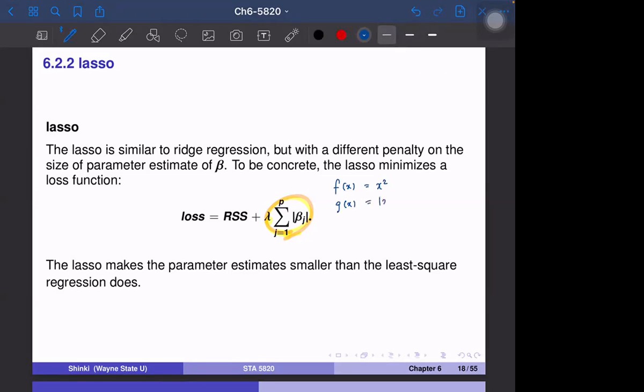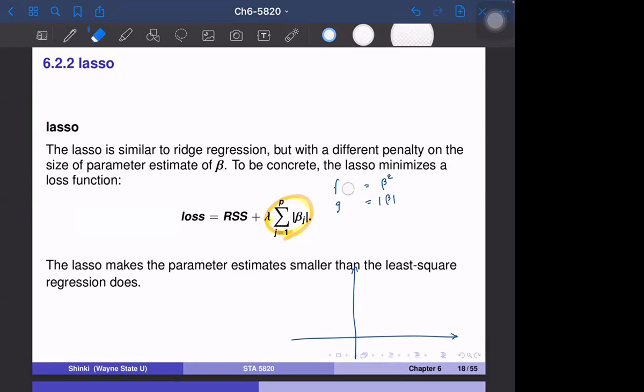These functions behave differently for small x, beta squared versus beta absolute value.